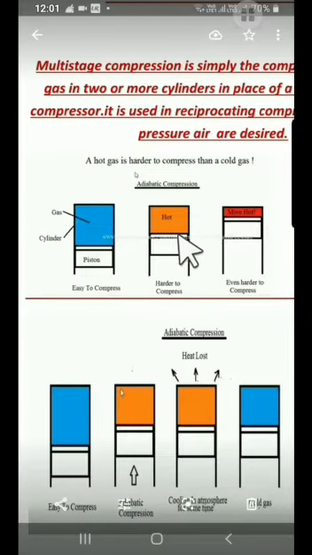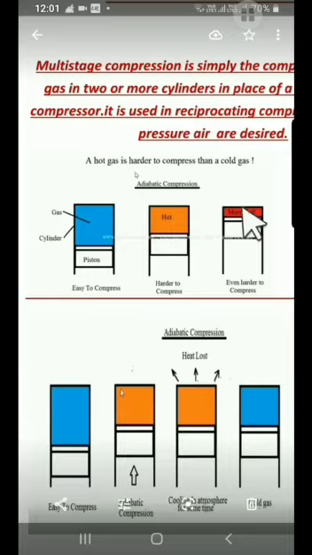So, it is very difficult to compress hot air rather than cold air, because when any substance is at high temperature, it wants to expand, and here I am compressing, so it is very difficult to compress the hot air. With the progress of the adiabatic compression, this hot air becomes more hot, so it becomes more difficult.